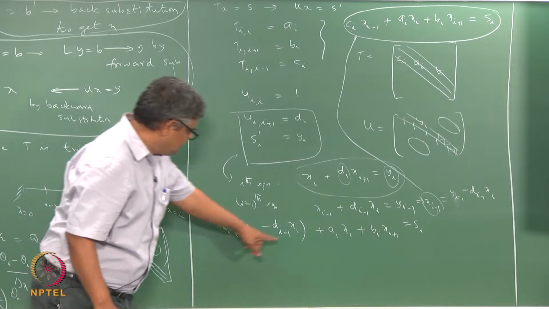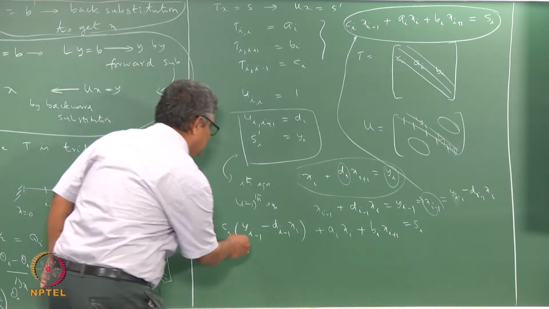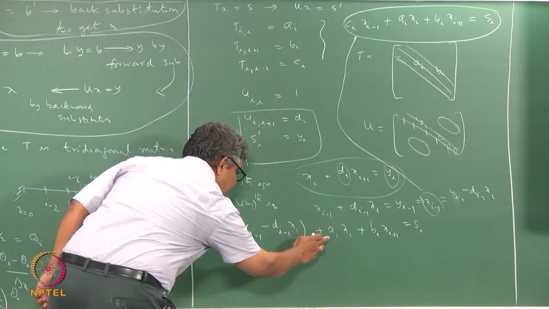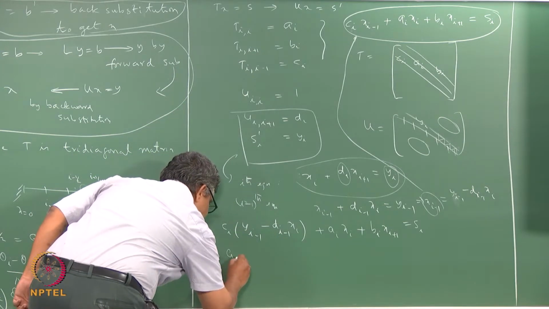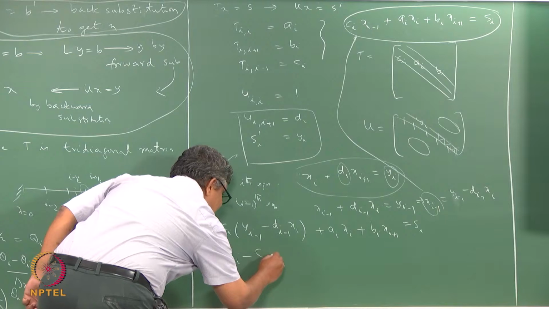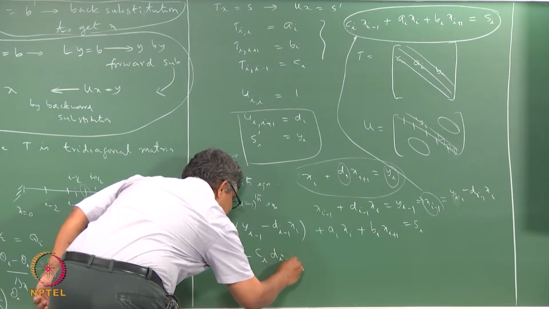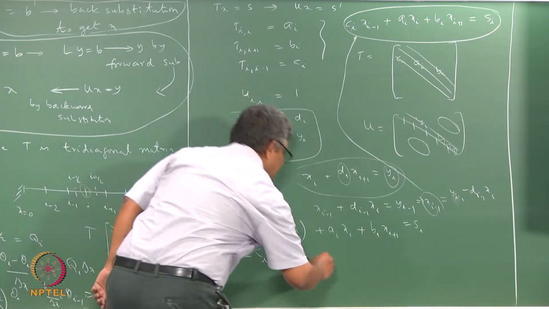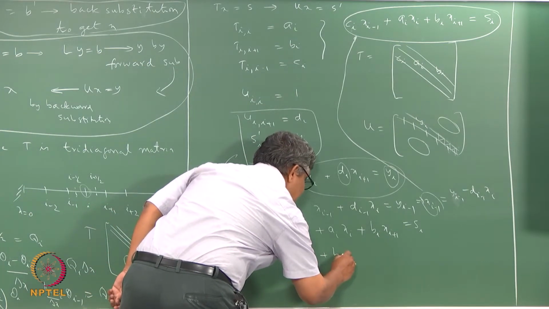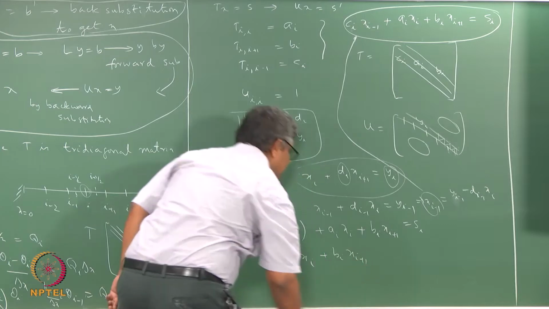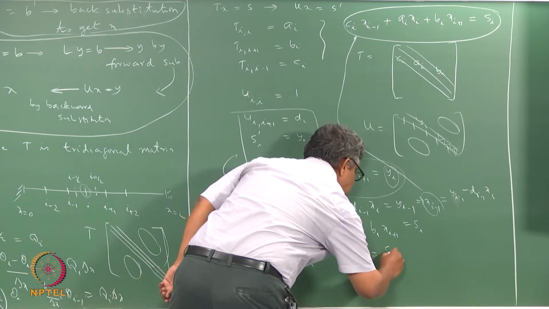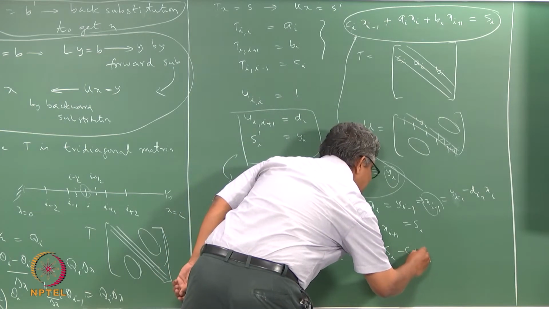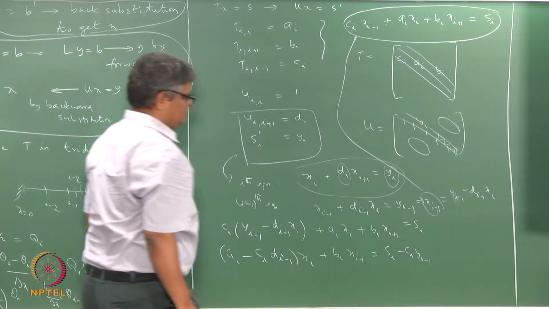So we can now take this ci minus this one here, and we have ai minus ci di minus 1 times xi plus bi xi plus 1 equal to si minus ci yi minus 1.